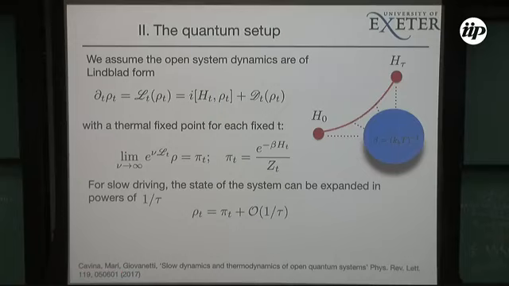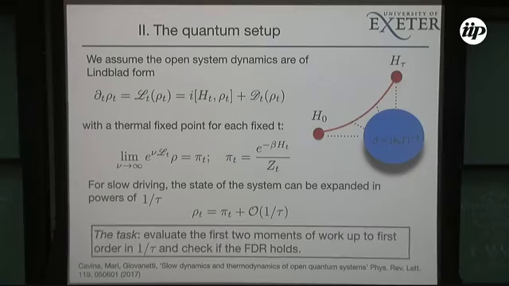The zero-order term will be the thermal state. So if you have an infinite process, you effectively will always stay in equilibrium, and the dissipated work will be zero. But what they do in this paper is figure out what the higher-order corrections are. So our task here, for slow processes, is to use the correction to first order in tau, and check if this dissipation relation actually holds.